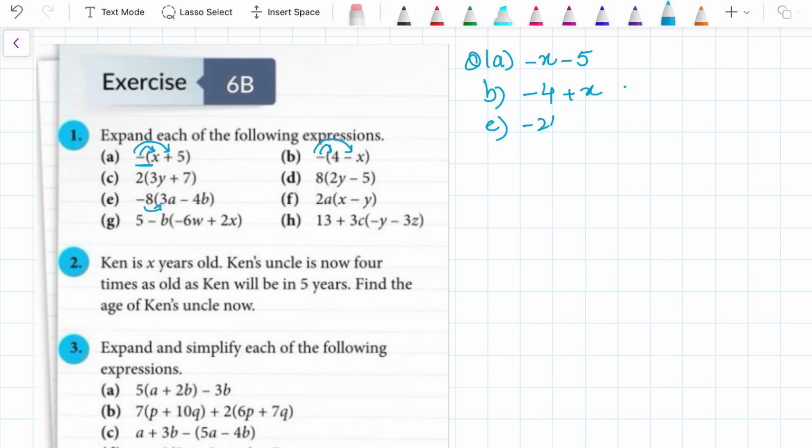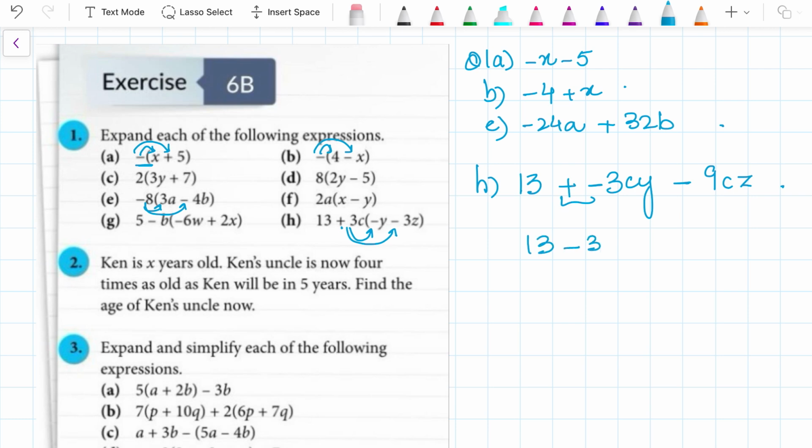Minus 24a minus minus is the plus. 8 into 4 is a 32b. Let's do the H part. 13 plus minus 3cy minus 9cz. Plus minus is a minus.